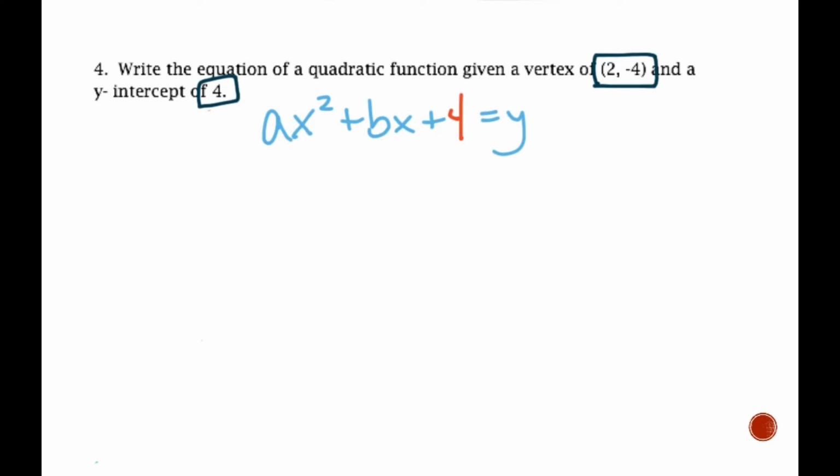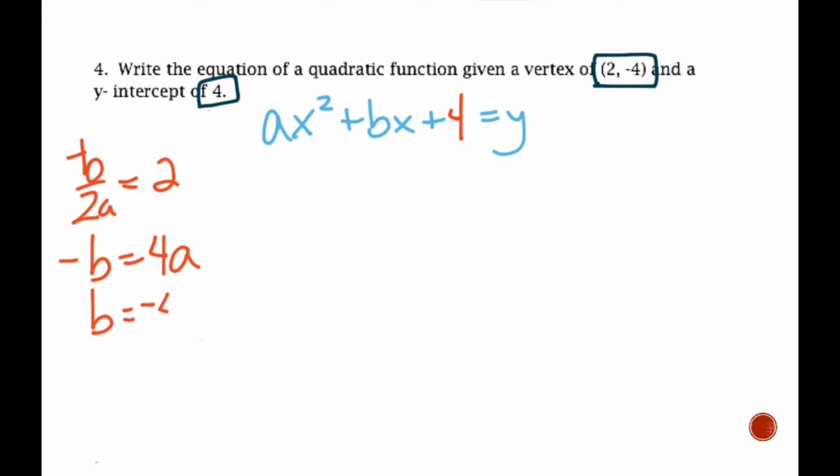And then I also know that -b over 2a is equal to the x-coordinate of the vertex, which in this case is 2. So I can solve this for b. And you'll find that this becomes kind of an intense system of equations that we're going to be using here. So I'm going to take this b equals -4a. I'm going to plug that in for b right there.